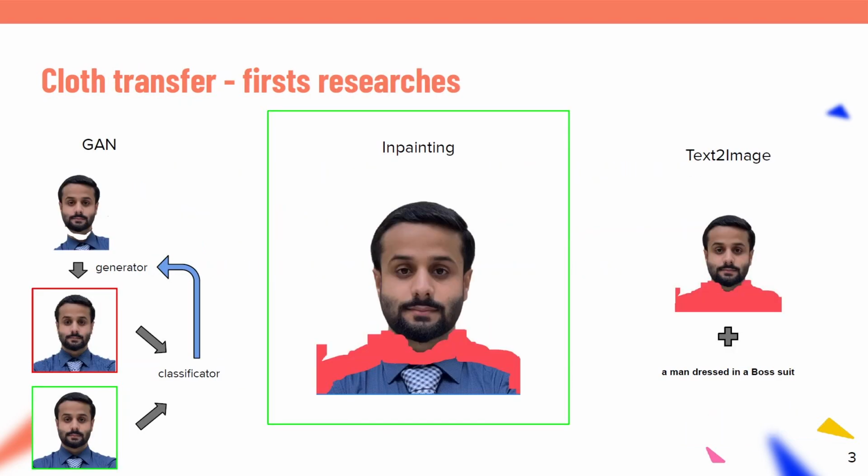So how were we trying to solve this task? We decided to look at 3 different solutions, and one of them was to use GANs. We used GANs, and the results didn't look so good, so we abandoned this way.